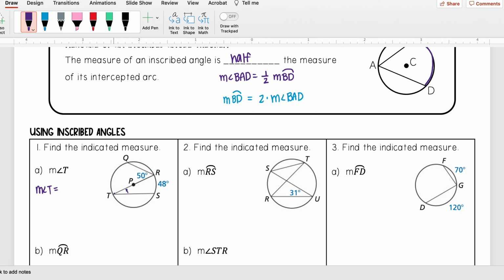I want to see where my angle goes, and I see it goes from R to S, so I'm looking at this arc right here. That means it's going to be half of 48, which is equal to 24 degrees.